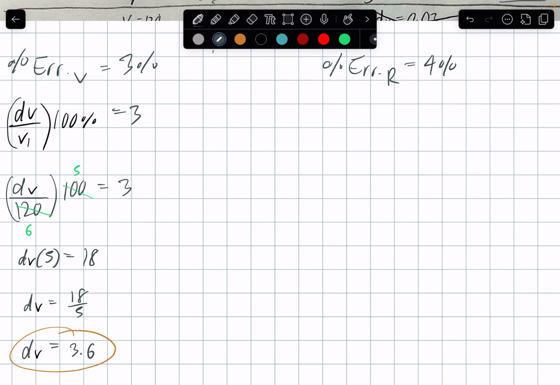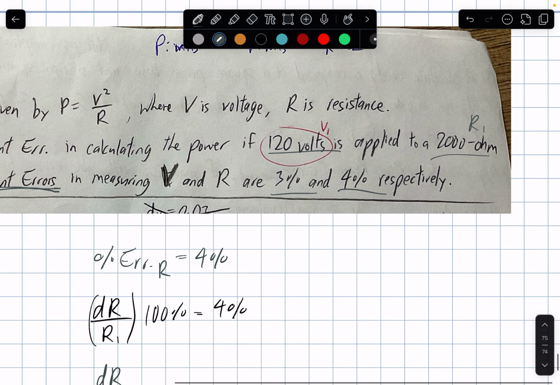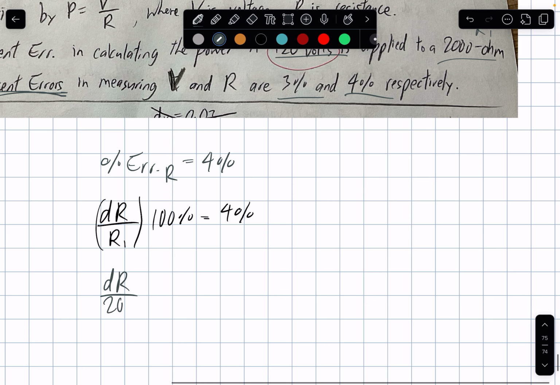How about for dR? So, the formula that we start with is this, right? And so dR over R1 is 2000 ohms.